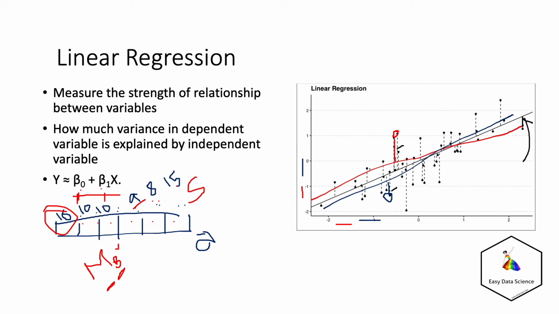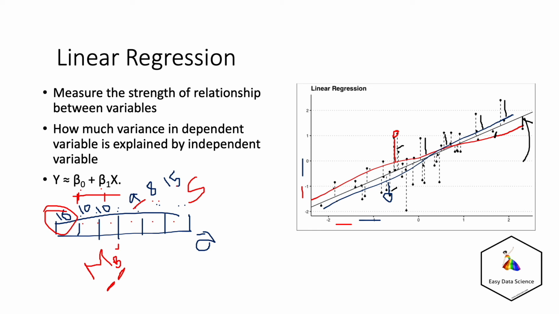So even if, let's say, we use this particular red line, using a value of x, that is the marketing value, we would have obtained a value of sales, right? Similarly, if we used another line, we could have predicted a value of y from x, that is, predicted a value from the marketing budget. However, out of all these lines, one will be the most optimum, the most accurate, the one that has the least amount of error, and that error is measured by the distance of the original point from these lines.